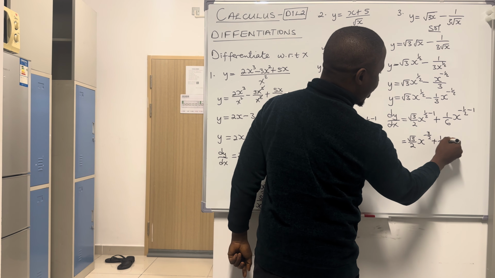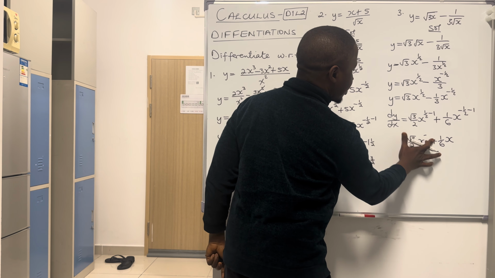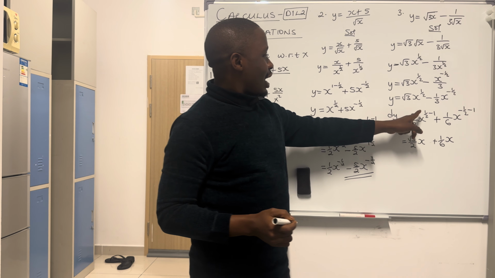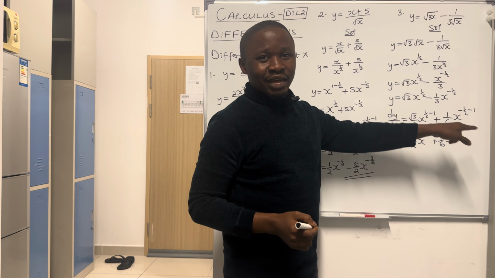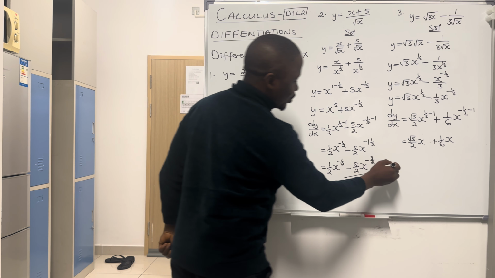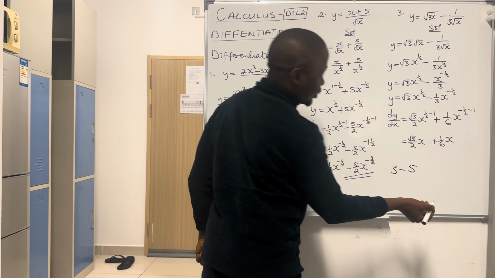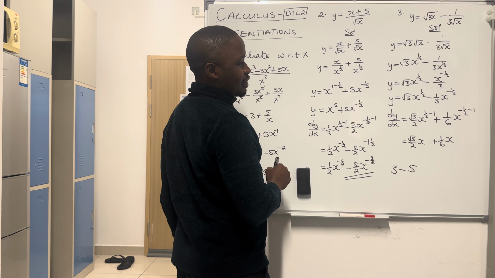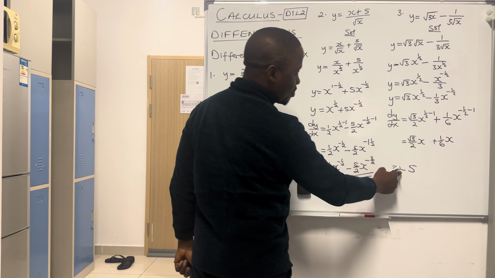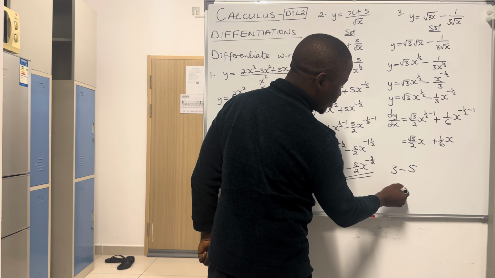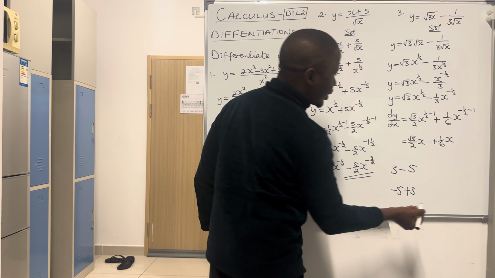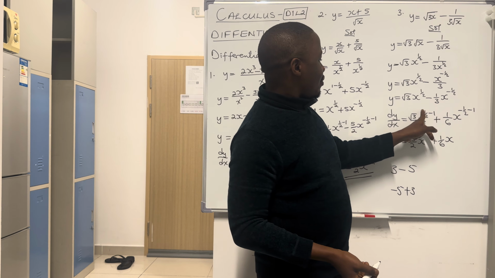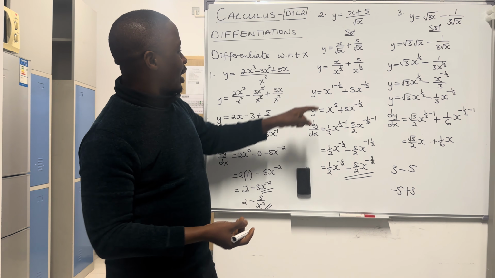So this is minus 3 over 2 plus 1/6. Oh, the power is half minus 1, not minus. If someone asks you 3 minus 5, just say it's the same as minus 5 plus 3. So half minus 1, we did it somewhere here.